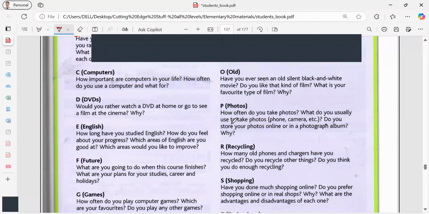And why? Um, what is meant by store your photos? I don't understand. Where do you keep your photos? Once you take photos, where should you keep your photos? Yes. Okay. I keep them in my phone, in my album.